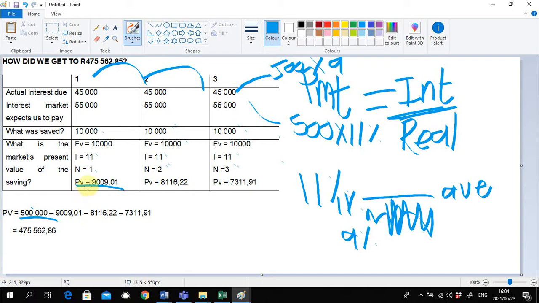So because I'm saving money, I'm going to minus each of these savings that I make over 3 years, the present value of each of the savings. And that gives me 475,562.86. So you will see it differs a mere 1 cent from each other. It should be due to maybe a little bit of rounding.